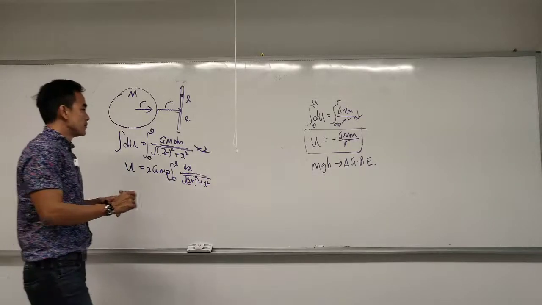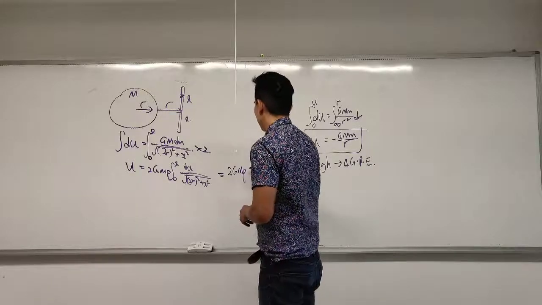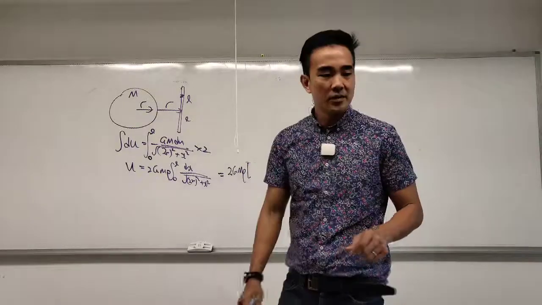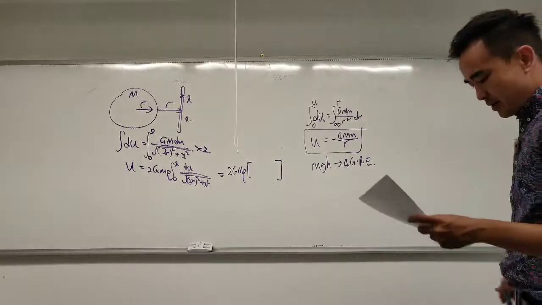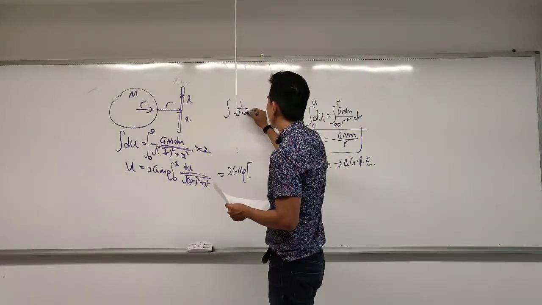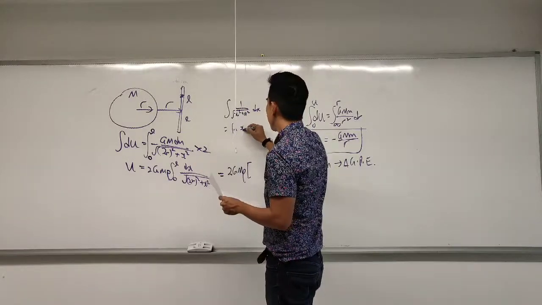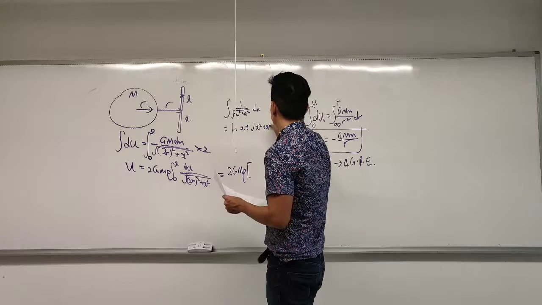And this will give me, based on a standard integral, 2Gm rho. Let's take a look at the standard integral. If you have this form, integral of 1 upon the square root of x squared plus a squared dx, it is equal to ln of x plus the square root of x squared plus a squared.